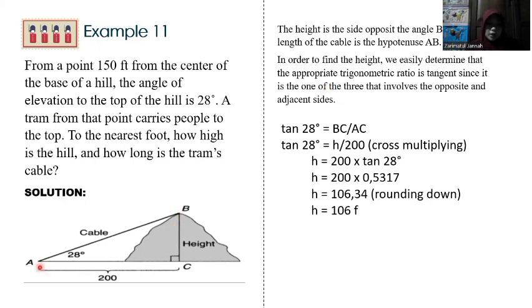Okay, this is 200. So tan 28 degrees equals BC per IC. Tan 28 degrees equals BC, the height, per IC, which is 200.